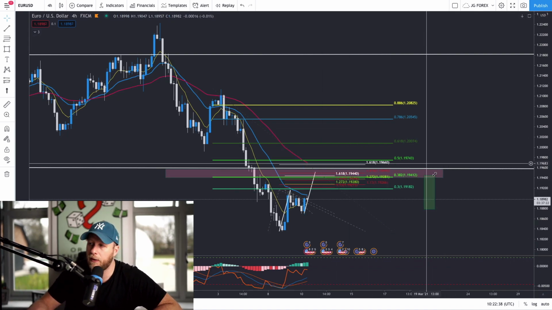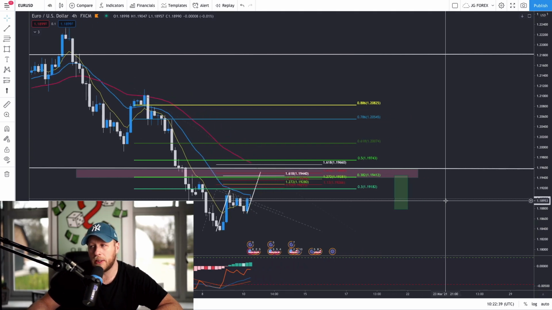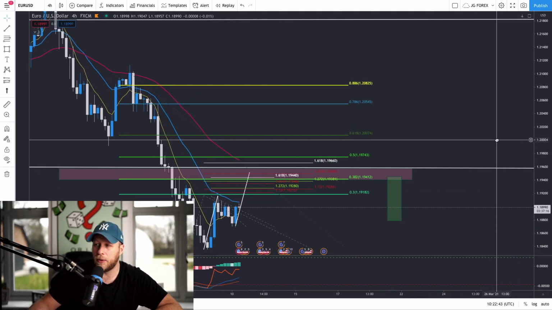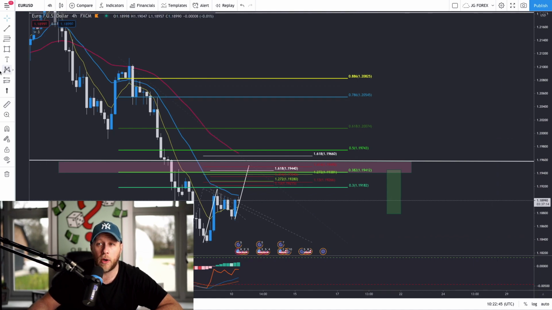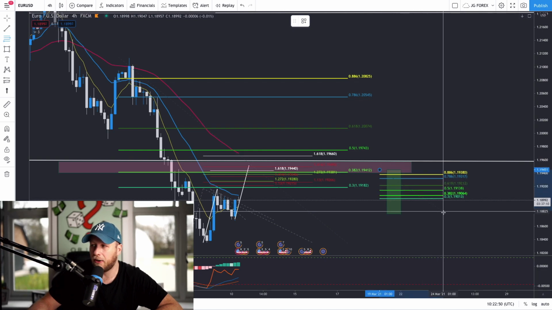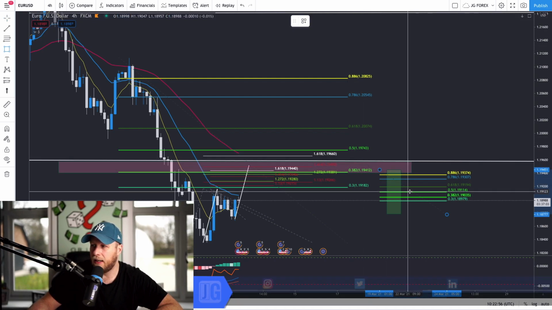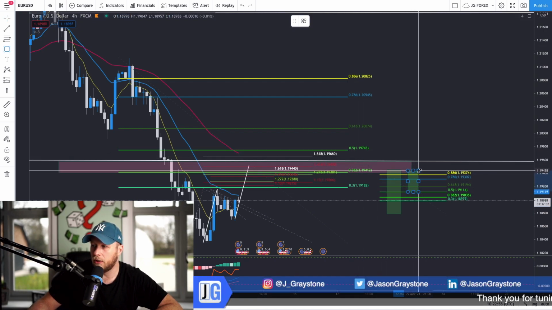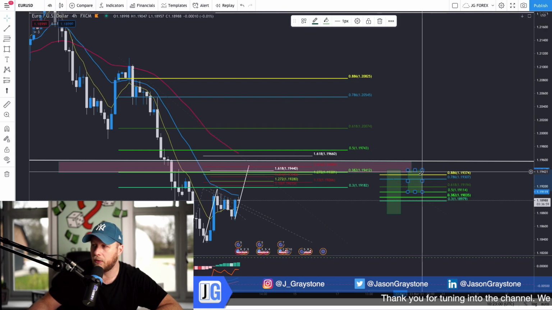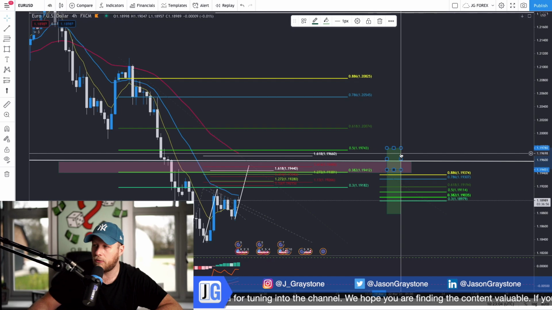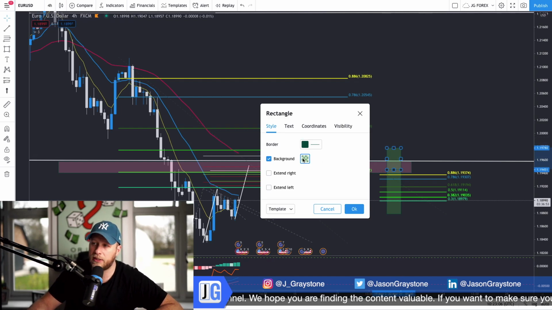But the way that the reward to risk profile works on this trade setup is it's a 2-to-1 reward to risk. Very quick way of figuring out what that is: if you don't want to calculate the pips, just use the Fib Retracement tool here, select that 50% there, and draw on another horizontal rectangle here, and you can then plonk that right on top, and that's going to be your risk profile.